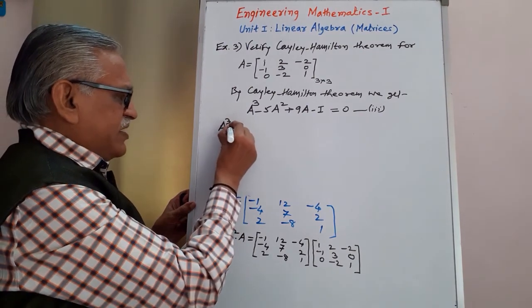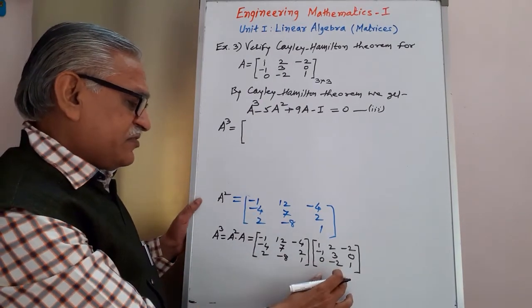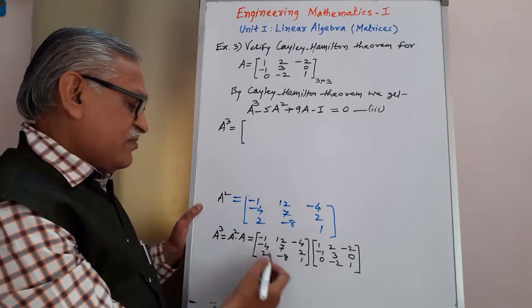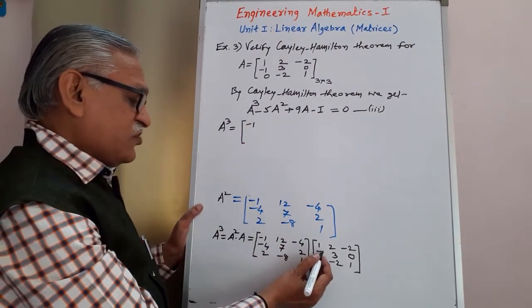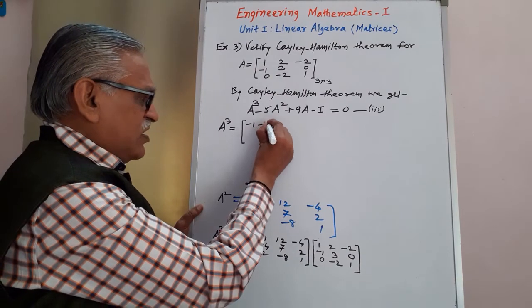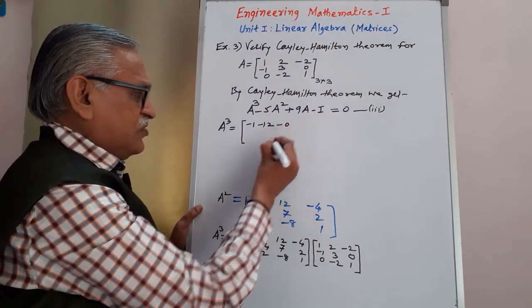Therefore, that A cube matrix. Multiplying these two matrices, first row to first column: minus 1 into 1 we get minus 1, 12 into minus 1 is minus 12, minus 4 into 0 is 0.